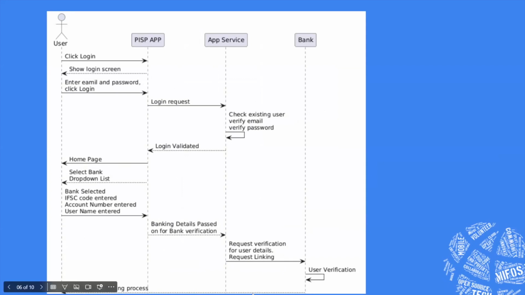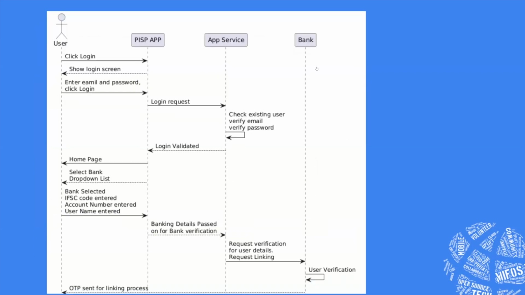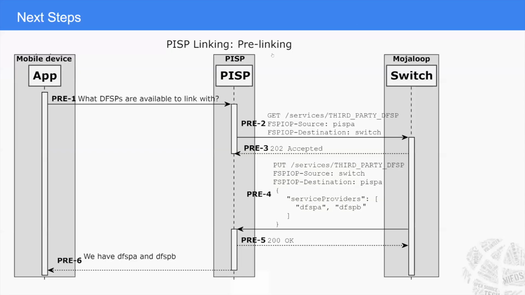Here the linking process is completed. The actor is the user, and there are 3 sites: PISP app, service, and the bank. After this, the next step would be including the PISP and Mojaloop. This PISP linking would be required after the linking process with the bank is done.